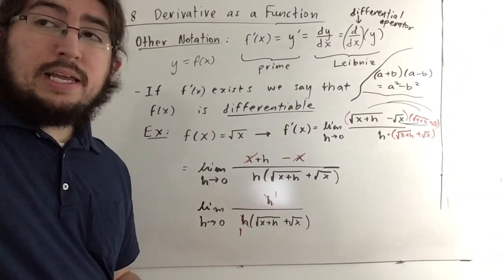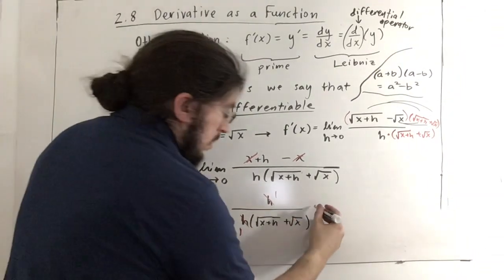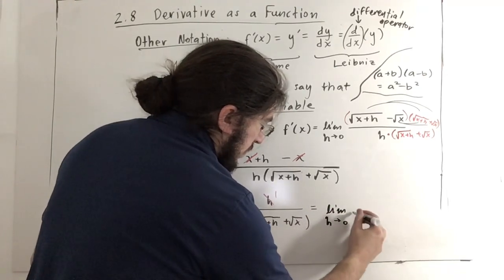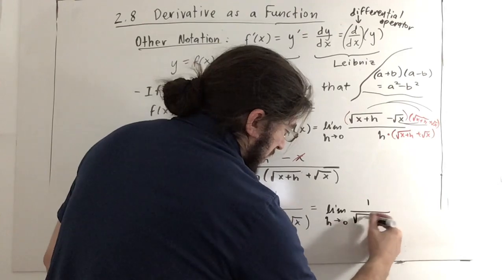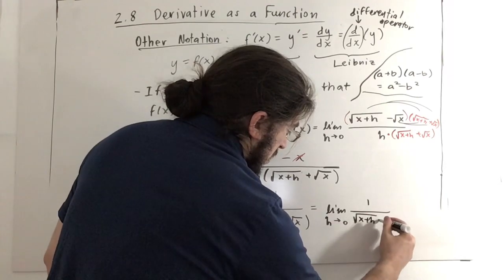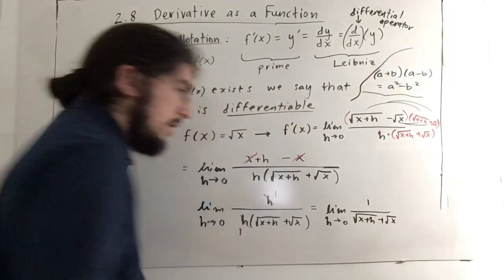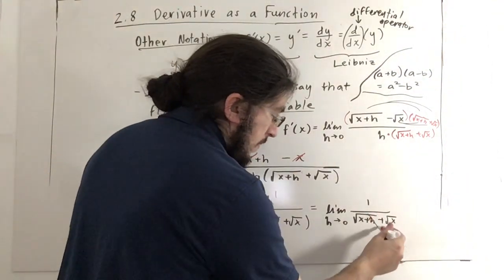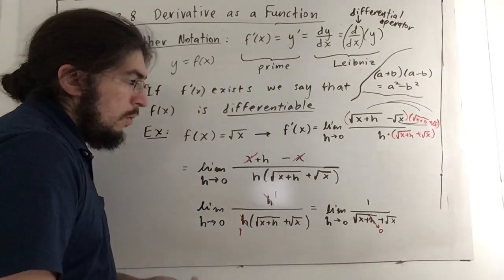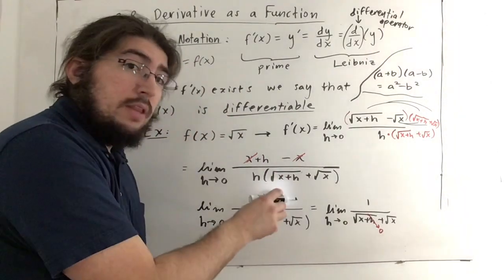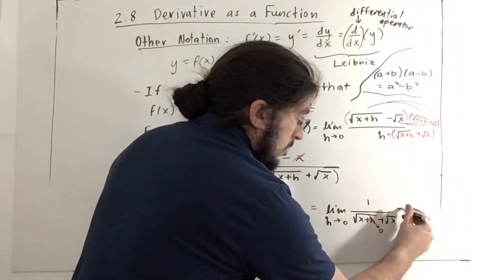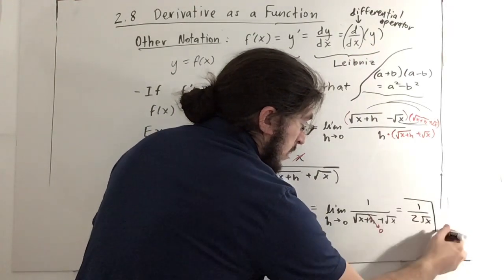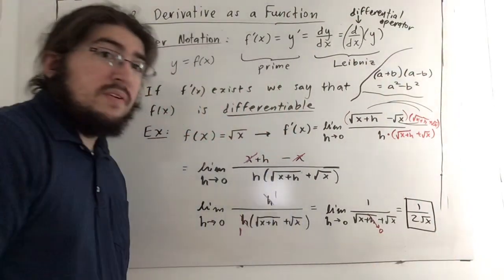So now that we get that cancellation of h's, we're left with the limit as h goes to 0 of 1 over radical x plus h plus radical x. And now as h goes to 0, what we're left with on the bottom is radical x plus radical x. So altogether this is 1 over 2 radical x. I'll box it up. That's the derivative of the function.